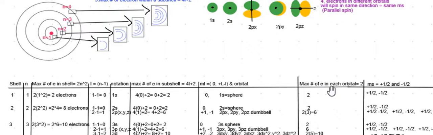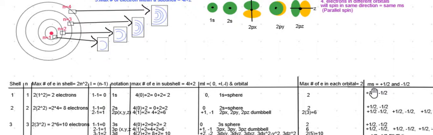And remember that the maximum number of electrons in each orbital is always 2. So you would have 2 for the 2s orbital, 2 for the 2px orbital, 2 for the 2py orbital, and 2 for the 2pz orbital. So for the 2p orbitals, you would have 6 in total, because 2 times 3 is 6, and only 2 electrons in the 2s orbital.